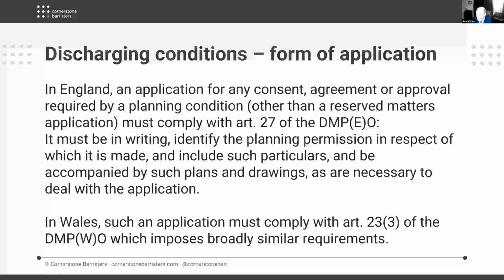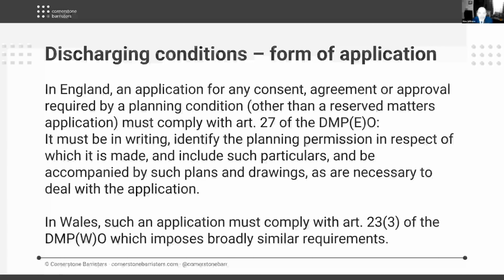These are set out in the English and Welsh Development Management Procedure Orders, which have broadly the same requirements. An application has to be in writing. It has to identify the planning permission in question, and it must include such particulars and be accompanied by such plans and drawings as are necessary for the LPA to deal with the application.